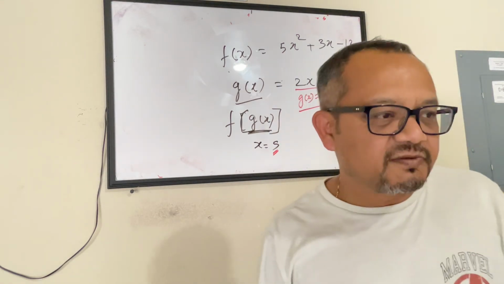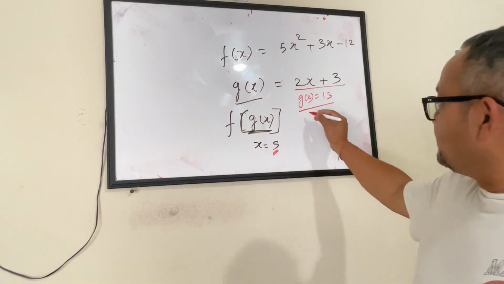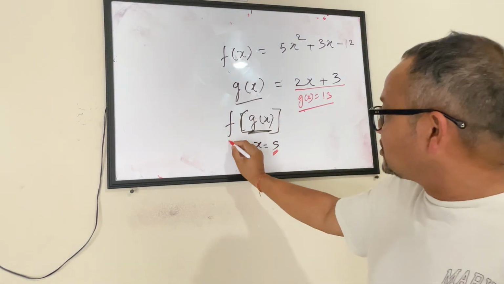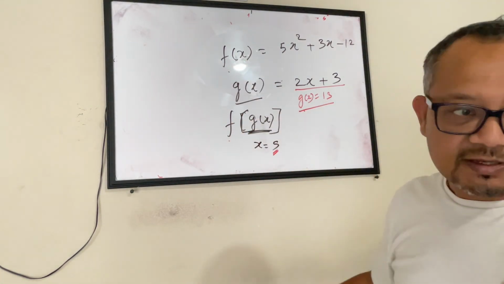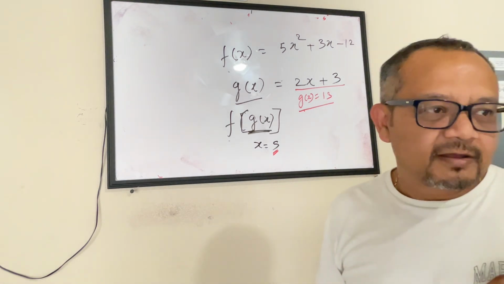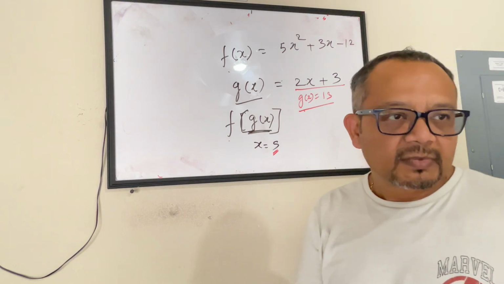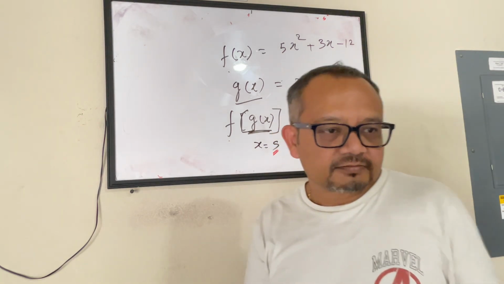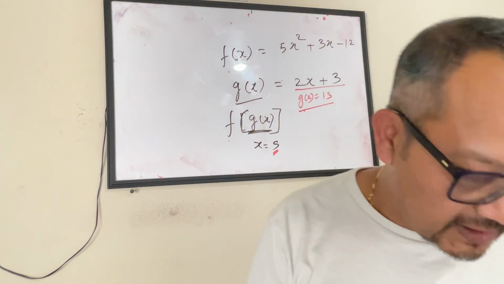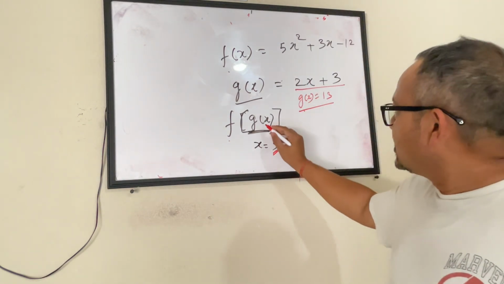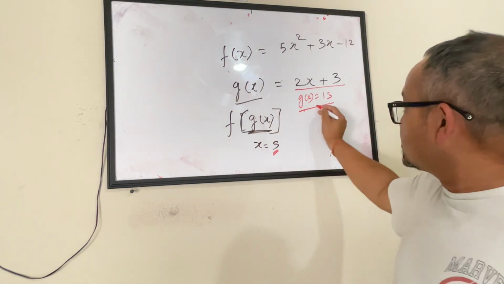Dhanushri or anybody? That we got g of x as 13. Now we have to find out function of g of x. What did we do? Now you need to find the f of x, f of x for x equals 13, right?